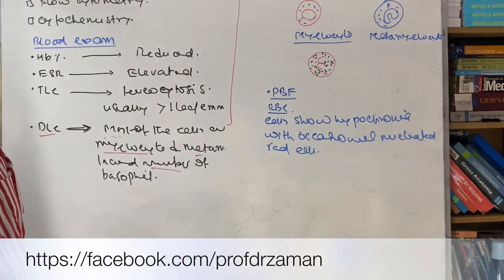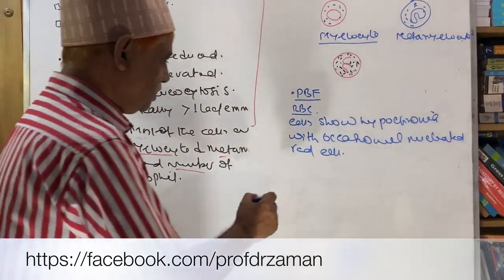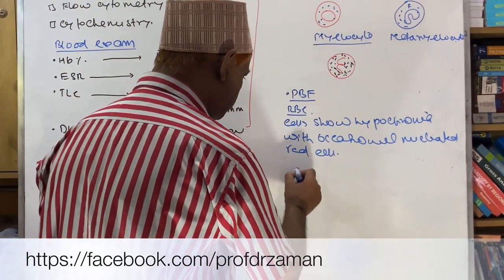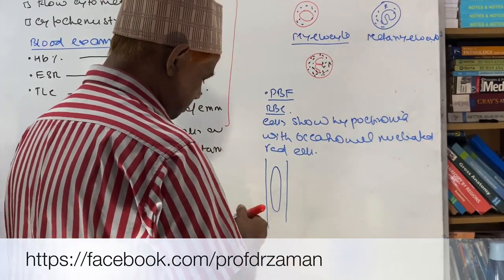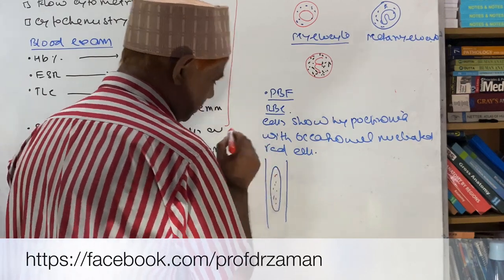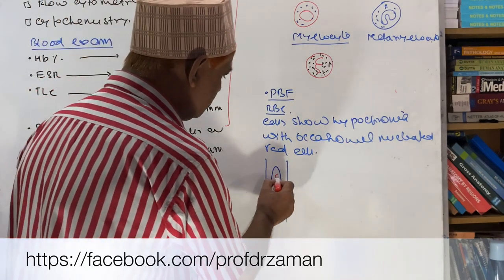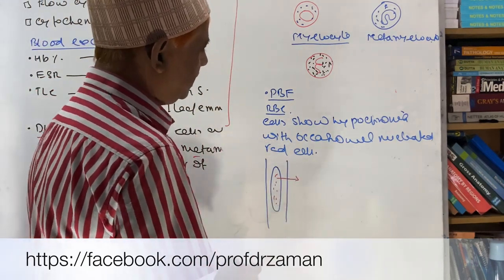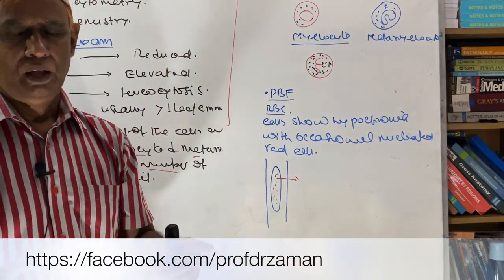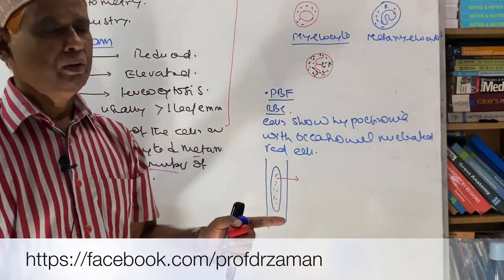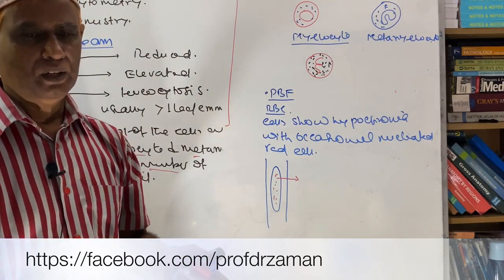Dear audience, you know leukemia is the blood cancer of the hematopoietic stem cell. So if this is the medullary cavity and this is the bone, and this medullary cavity contains bone marrow, if there is cancer of the hematopoietic stem cells in the bone marrow, the leukemic cells come into the peripheral blood, and along with this the patient suffers from anemia. As the patient suffers from anemia, there is stimulation of the bone marrow to produce RBC rapidly.